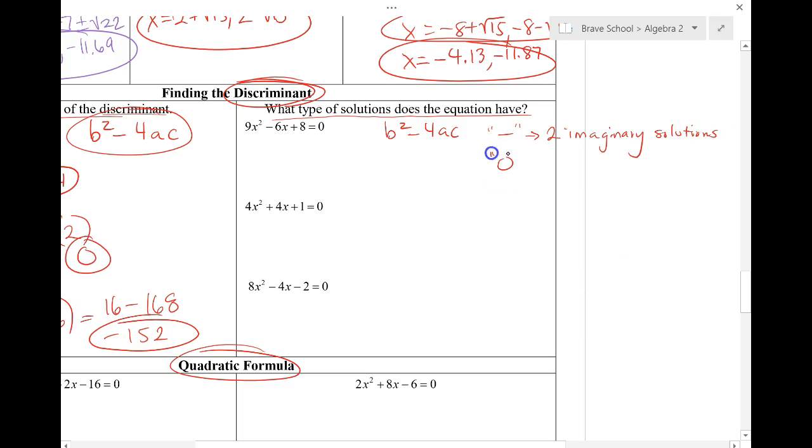If my discriminant is 0, I will have 1 real solution. Not solutions, just solution. And if my discriminant is positive, I'll have 2 real solutions.